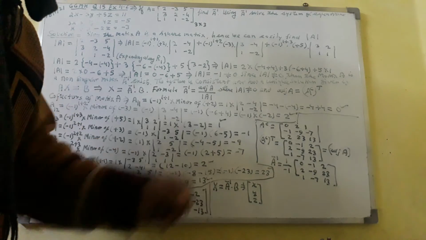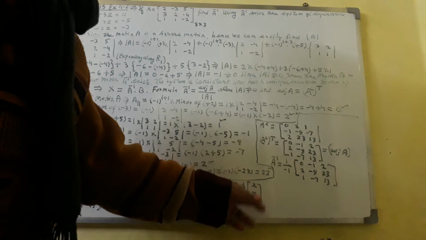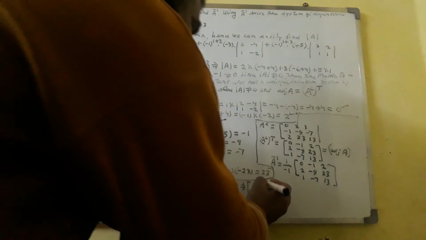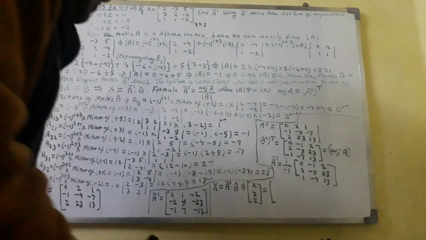Capital X is the variable matrix which will have elements x, y, z. Like this you will write. After that write here A inverse, the value of the inverse: 0, 1, -2, -2, 9, -23, -1, 7, -13.